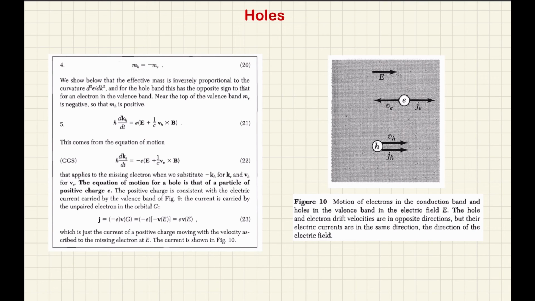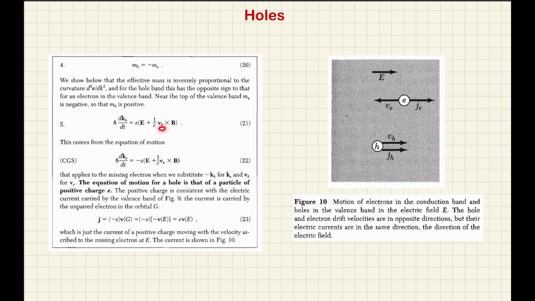Using the properties 1 to 4, we can write down the equation of motion for the holes also. We know the equation of motion for the electrons in the presence of electric and magnetic fields. This equation of motion is written in the CGS system. On the left hand side you have the force, which is given by h cross dkh by dt, equal to the Lorentz force: e is the charge of the hole, E is the electric field, and the 1 by c factor comes when you use the equation of motion in the CGS system.